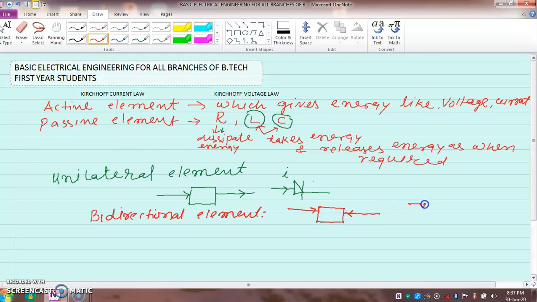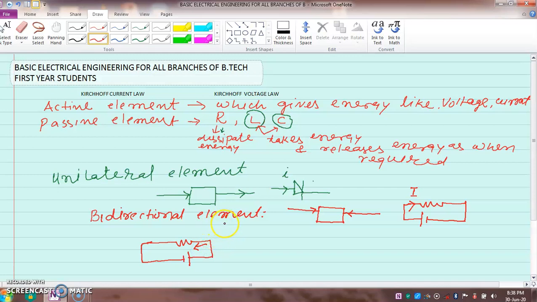Like in case of resistance, if you connect a voltage source like this, current will flow like this, and if you change the direction of voltage polarity like this, then the current direction becomes like this.